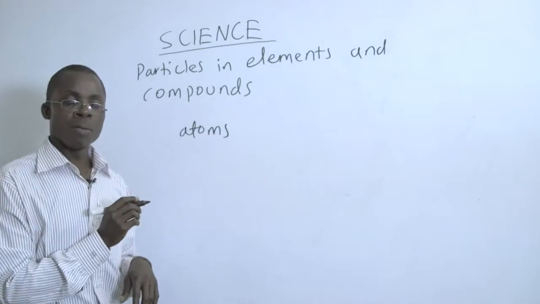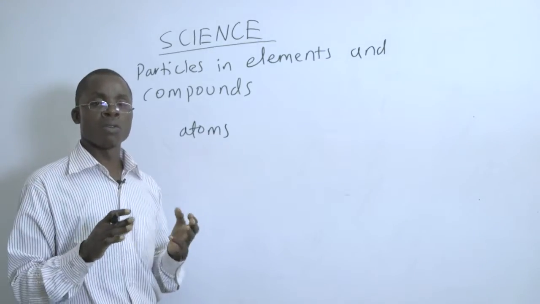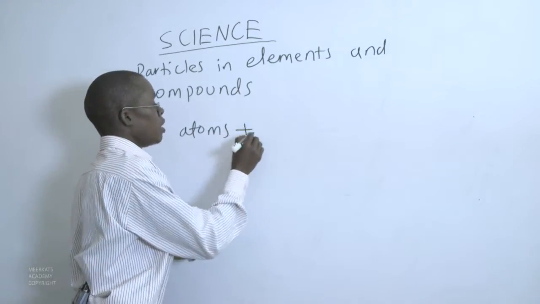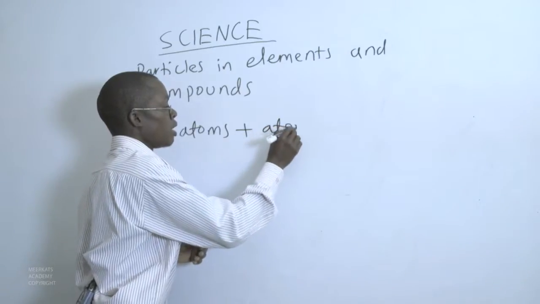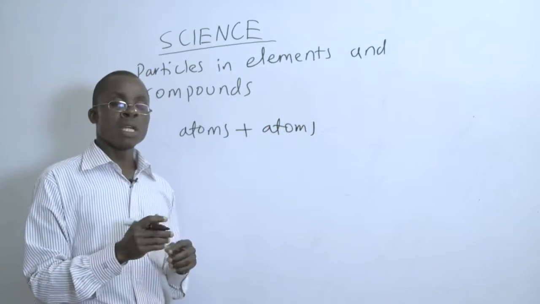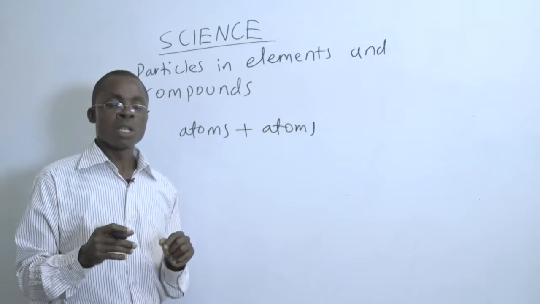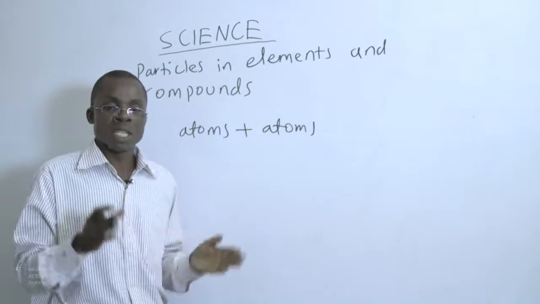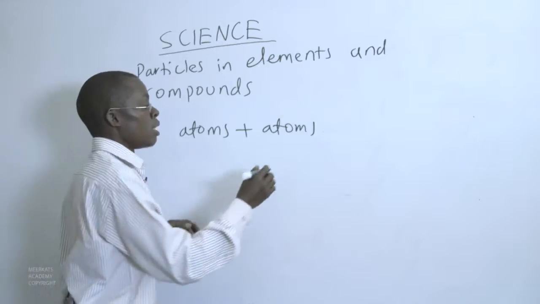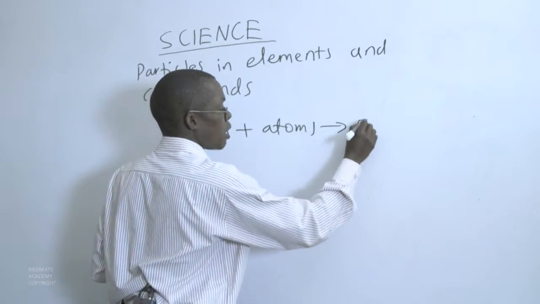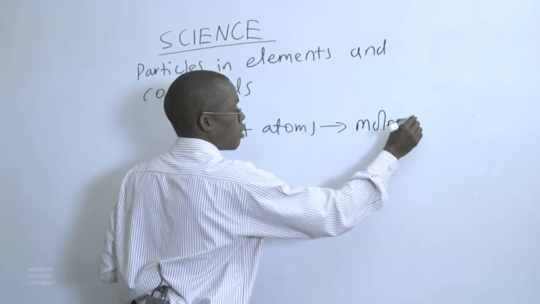Or those atoms have come together. They can be of the same type or different type. So different atoms have come together and formed another smaller particle that you cannot separate physically. For example, you have formed something like a molecule.